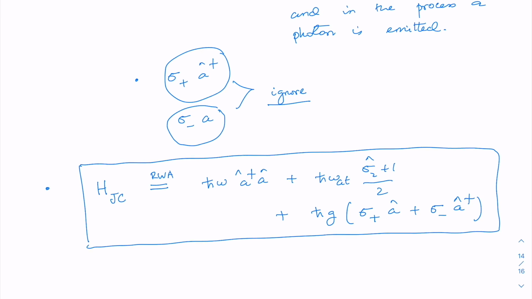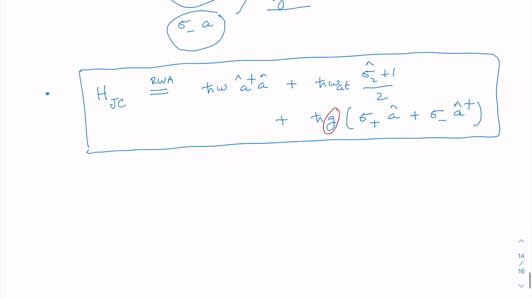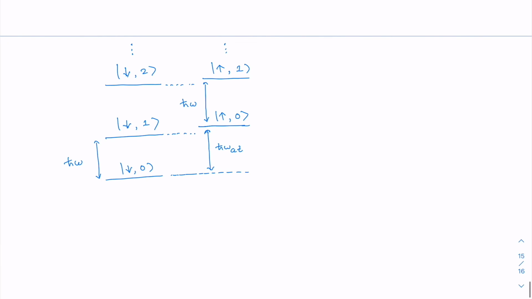Let us switch on the coupling parameter, that is when g is not equal to 0, and see how the level scheme looks like. We have g non-zero and this coupling parameter is weak, and because of that, as per the rotating wave approximation, only the neighboring energy levels are connected to each other, and similarly for all higher energy levels in the ladder.